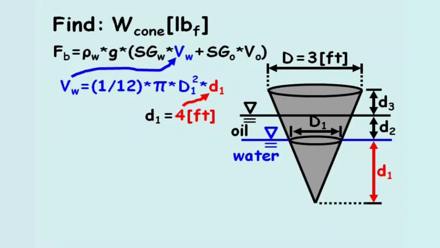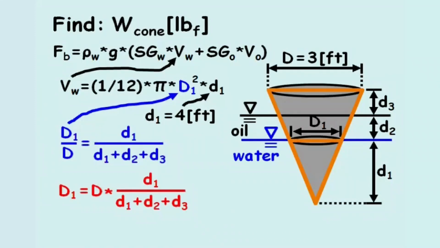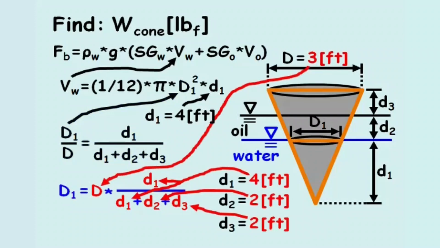Uppercase D1, the diameter, can be computed using similar triangles, and noticing the diameter and height of the cone submerged in water is proportional to the diameter and height of the entire cone. After solving for diameter D1 and plugging in the given values, the diameter of this smaller cone equals 1.5 feet.